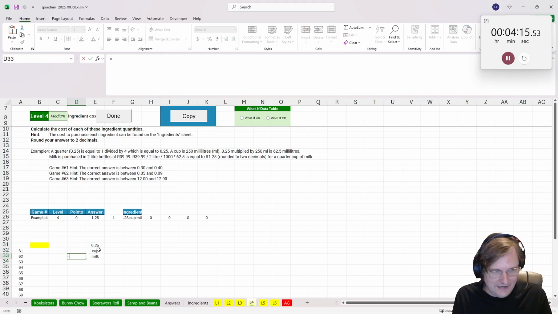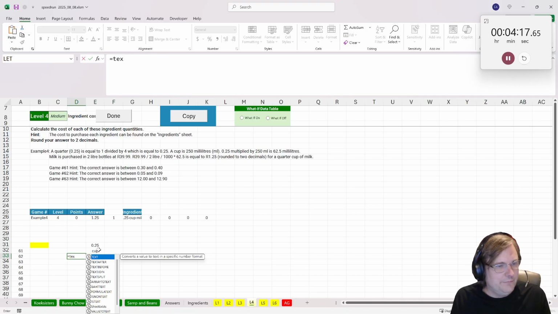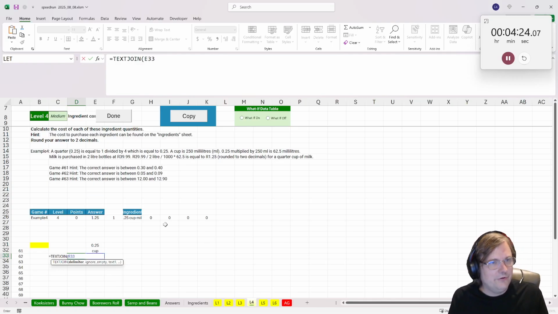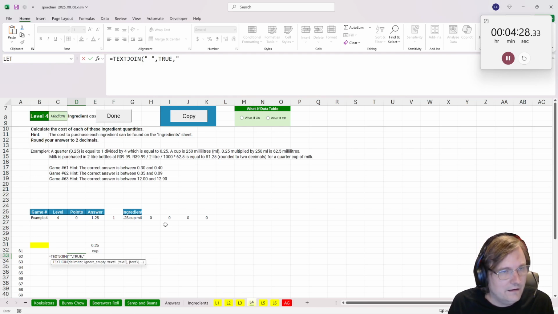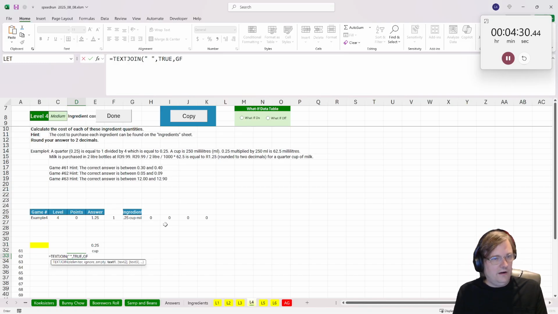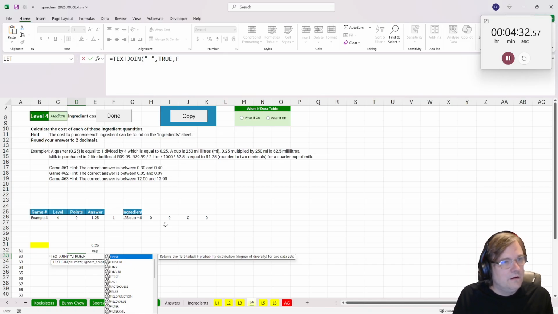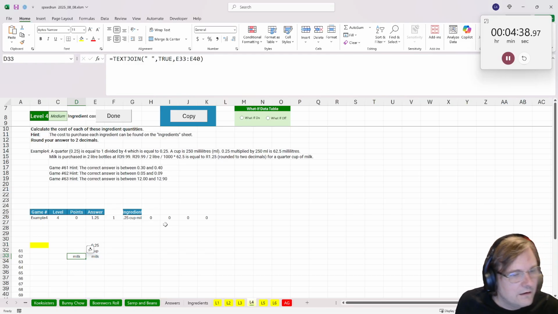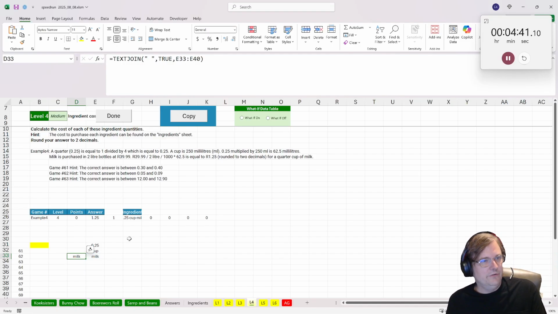The rest of it, I've got to join back together because there might be more than 1 word. So TEXTJOIN, space, skipping blank cells, from E33 to E40. Right, so now I've got the ingredients that are multiple words.